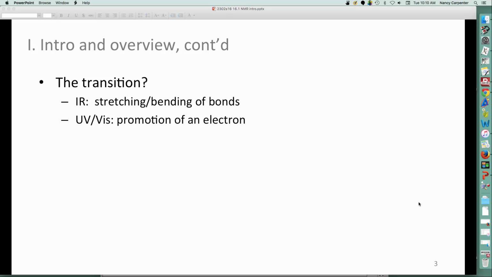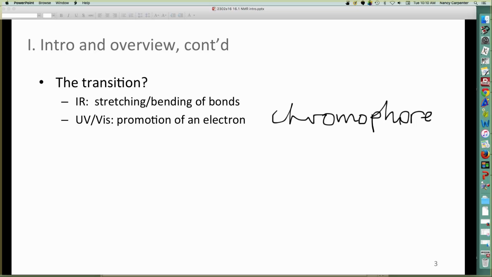So like from the HOMO to the LUMO. And that promotion of an electron told us about chromophores. So a lot of extended conjugation. Those kinds of molecules show up in the UV-vis.